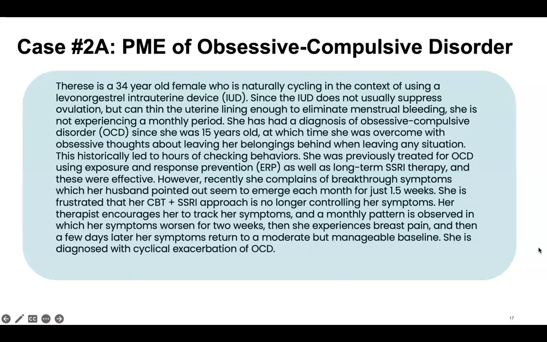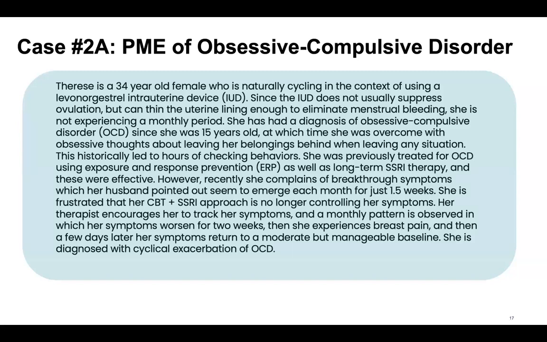So here's another case example where we're discussing PME of obsessive compulsive disorder. Therese is a 34-year-old female who is naturally cycling in the context of using a levonorgestrel intrauterine device, or IUD. Since the IUD does not usually suppress ovulation, but it can thin the uterine lining enough to eliminate menstrual bleeding, she's not experiencing a monthly period, but she's likely still ovulating.